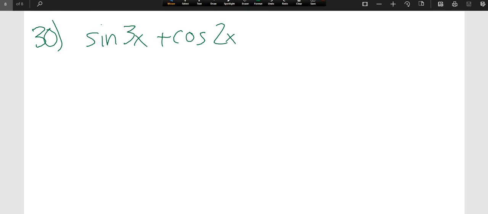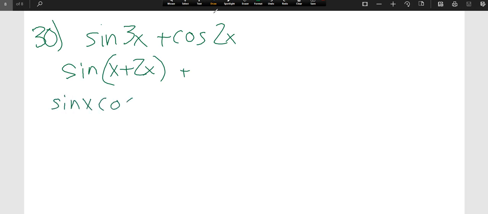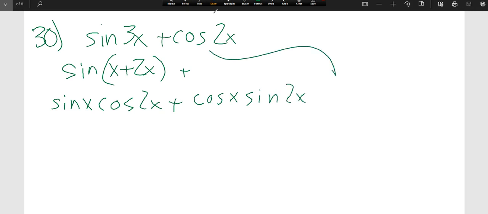So sine 3x, this is the one I said, anything with a 3x is going to cause you some difficulties because it's going to be sine x plus 2x, and then you're going to have to go through the process of y of the first times x of the second plus x of the first and y of the second, and then plus cosine 2x. Okay?